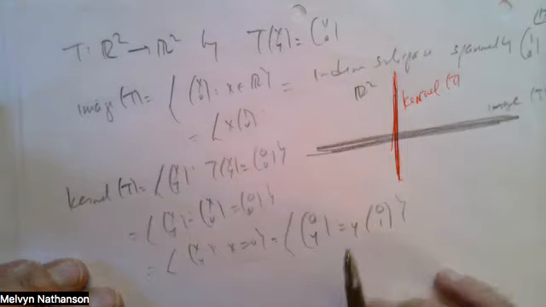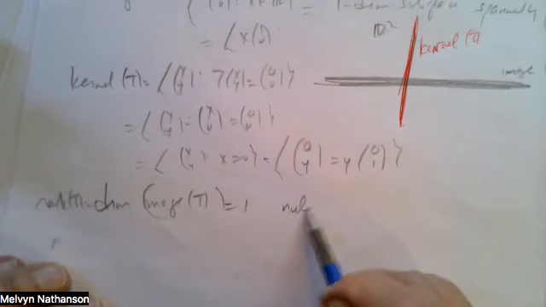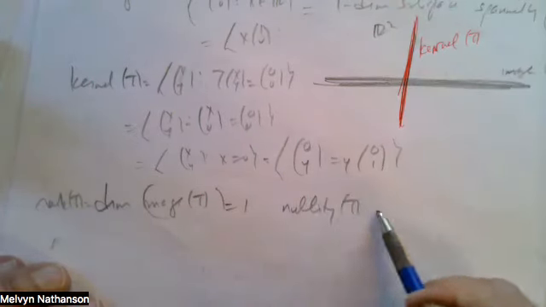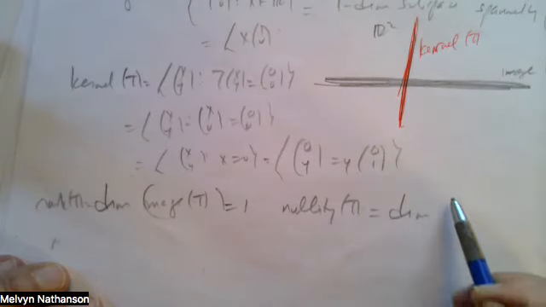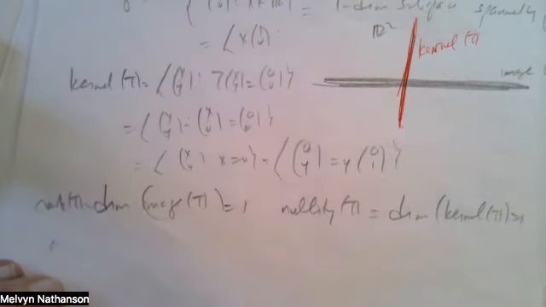And in this case, we see that the rank of T, which is the dimension of the image of T, is 1. And the nullity of T, which is the dimension of the kernel of T, is 1.